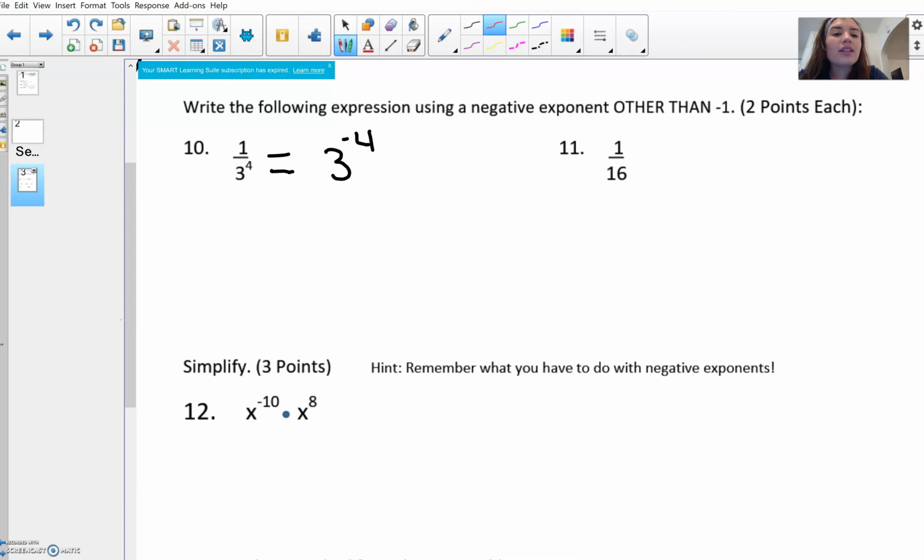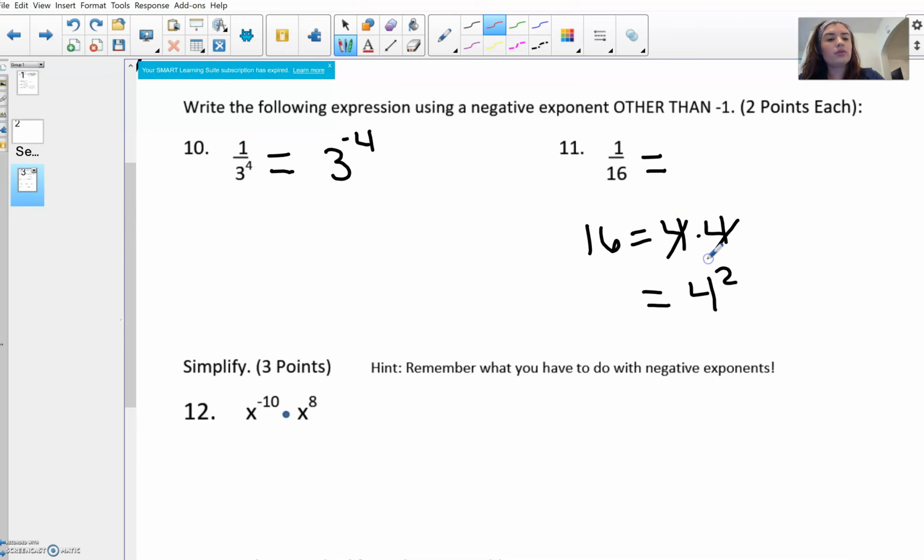For number 11, this is a skill we haven't really talked about, but we'll run through it. We're going to take 16 and express it using an exponent other than negative 1. So I know that 16 is 4 times 4, and we can rewrite 4 times 4 as 4 squared.